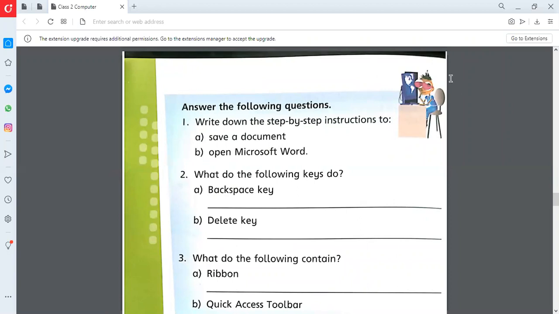Okay, so the steps are easy. For the A part, what do we have to do to save a document? We just have to click on the file button.